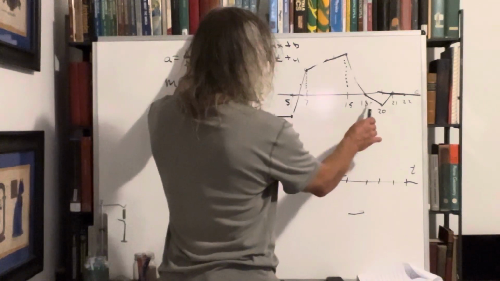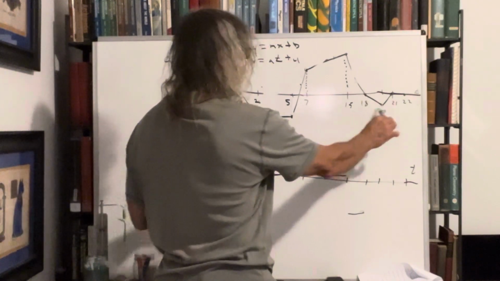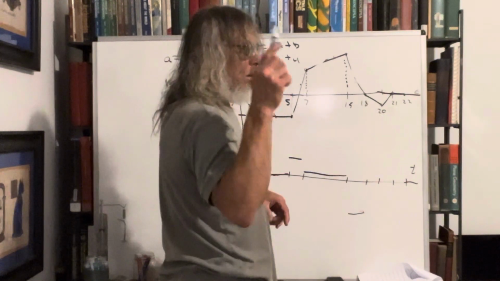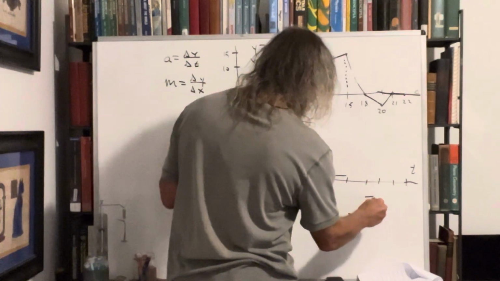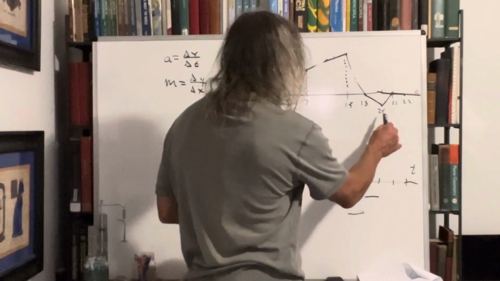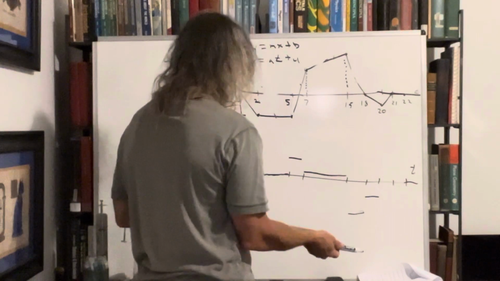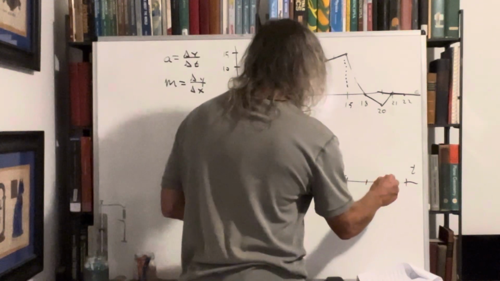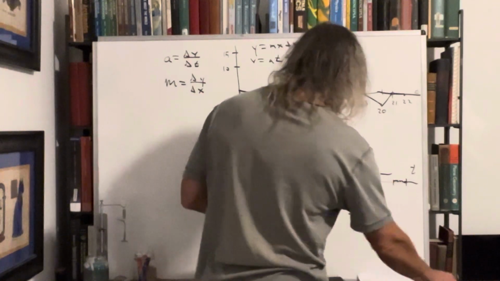Then we go down 5 over 2. Negative 5 over 2 is negative 2.5. Halfway in between. Then up 5 over 1. So it's 5 again. Then 0.